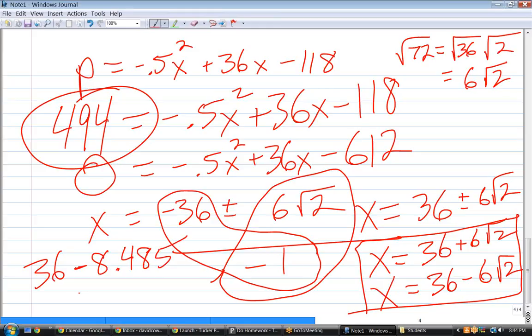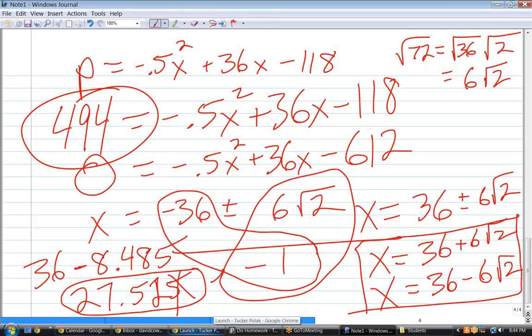Well, what is that? That looks to be 27.515. Rounding that to the nearest cent, 27 and 52. 27.52 should be the answer.